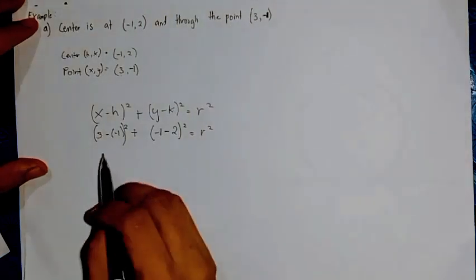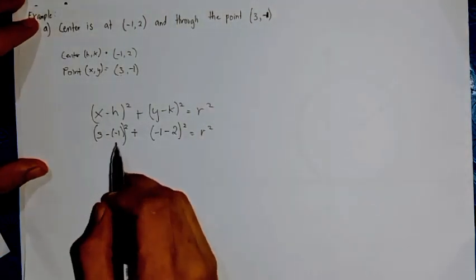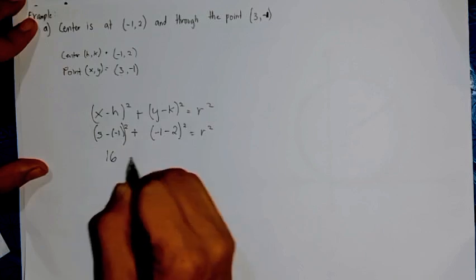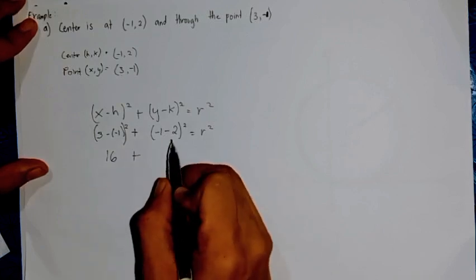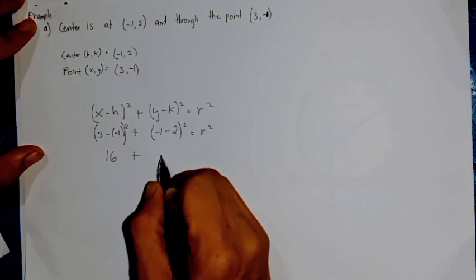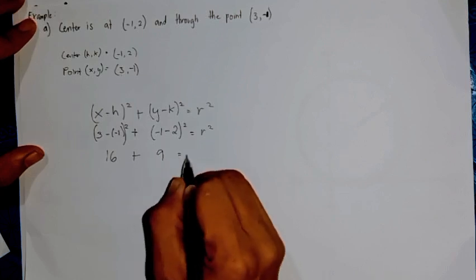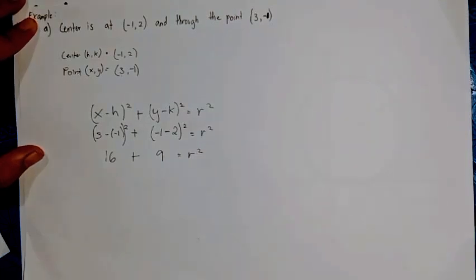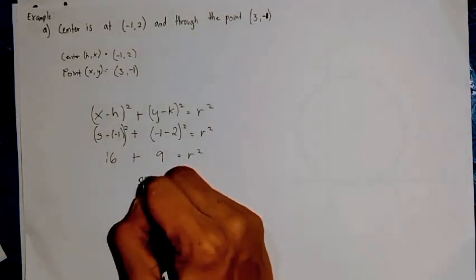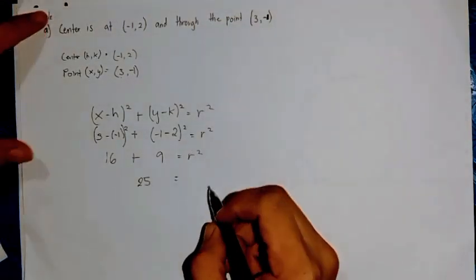Now, 3 minus -1 is equal to 4. 4 squared is equal to 16, plus -1 minus 2 is equal to -3. -3 squared is equal to 9, which is r squared. 16 plus 9 is equal to 25, which is equal to r squared.